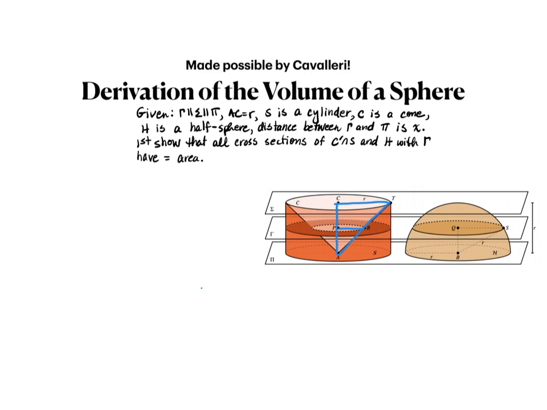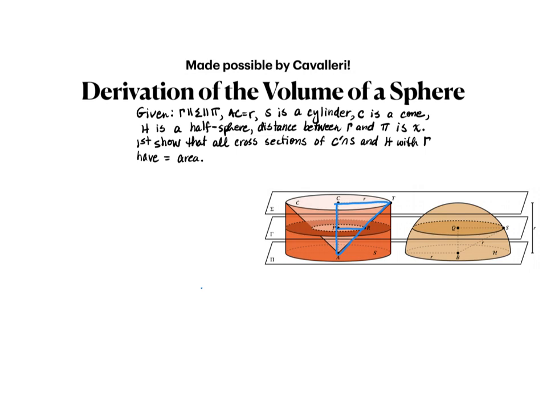And notice that these angles here and here are both right angles, and they share this angle. So therefore, I know that these two triangles are similar. That will allow me to find this length right here.